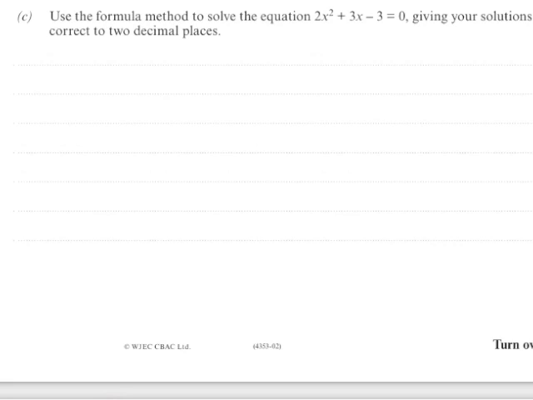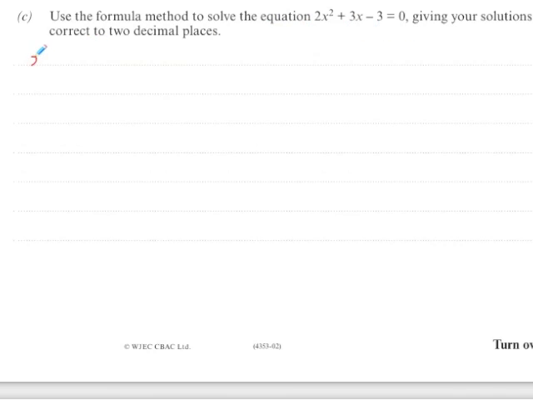Use the formula method to solve the equation 2x squared plus 3x minus 3 equals 0, giving your solutions correct to 2 decimal places. At the beginning of the paper, it will actually give you the formula you need to solve quadratic equations, which is what this is.